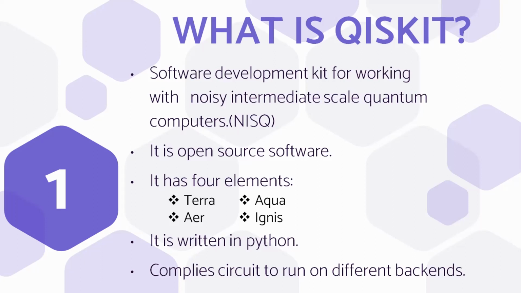And the last one is Ignis, known as the fire element, and it is dedicated to fighting noise and error, and to mitigate the noise and error inside the quantum computers that are there right now. Qiskit is basically written in Python, and it also compiles the circuit to run on different backends like various simulators or quantum computers.